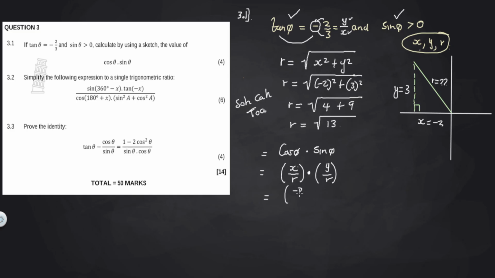Minus 2. What is the hypotenuse? The square root of 13, as we calculated. Multiplied by y, which is 3, over r, the square root of 13. Three multiplied by negative 2 gives us minus 6. The square root of 13 multiplied by the square root of 13 is 13. That's the value of cos theta multiplied by sine theta.